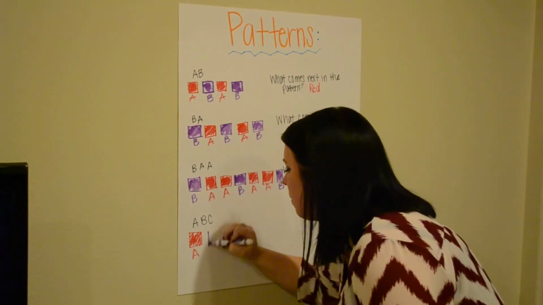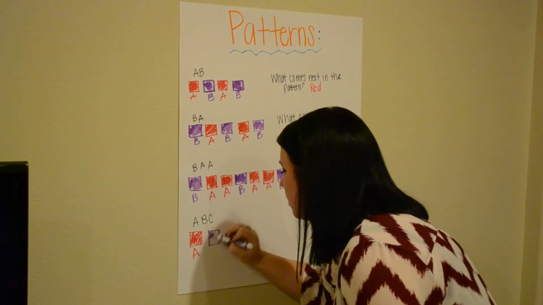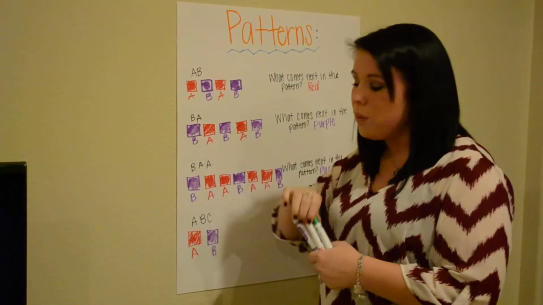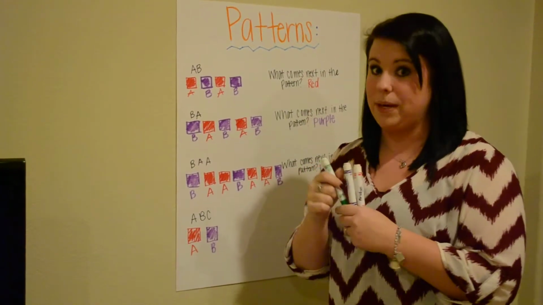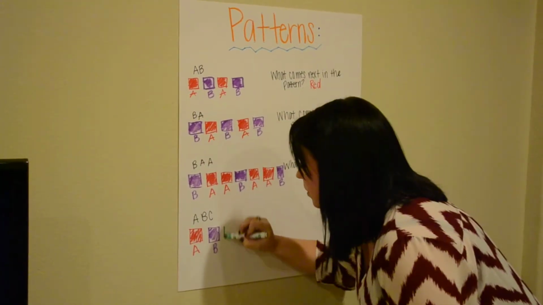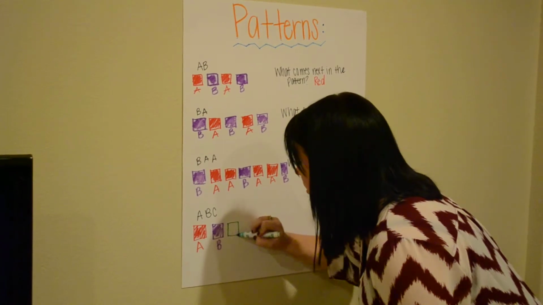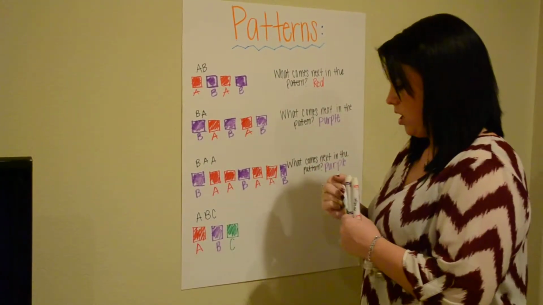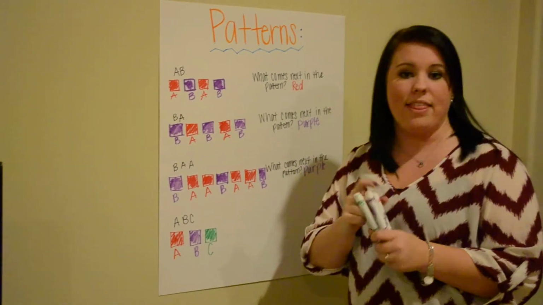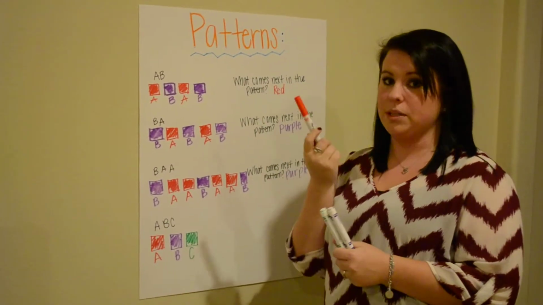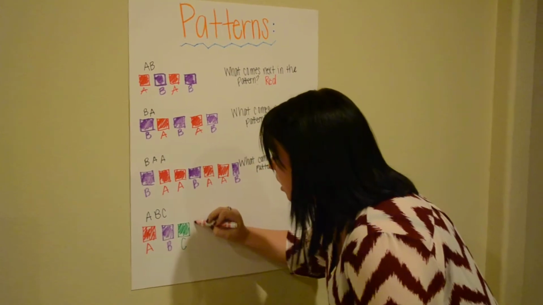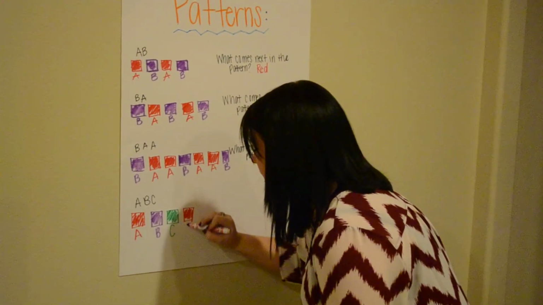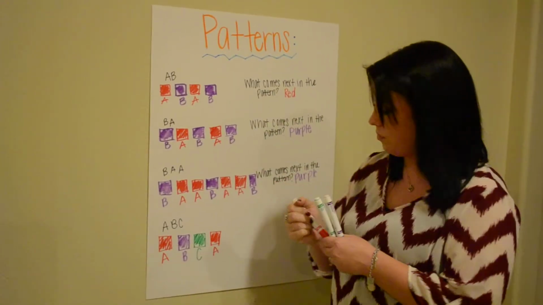So we will draw our purple square and of course label it. Now we're going to add C, and C is going to be green. So we will do a green square. So that's completing that, and then to start over the pattern, we would start again with A. Coloring it in, labeling it.